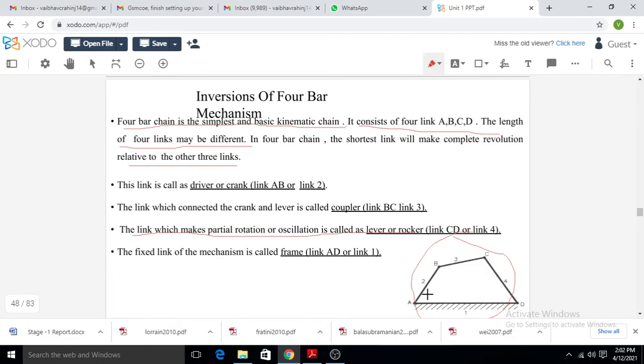And the link which connects the crank and the rocker, or crank and the lever, is called the coupler link. Here link 1 is fixed, link 2 is a crank, link 3 is a coupler, and link 4 is the rocker or a lever in a 4-bar chain mechanism.